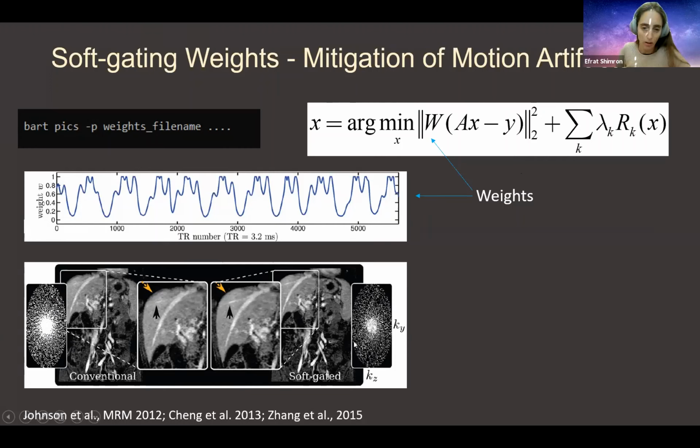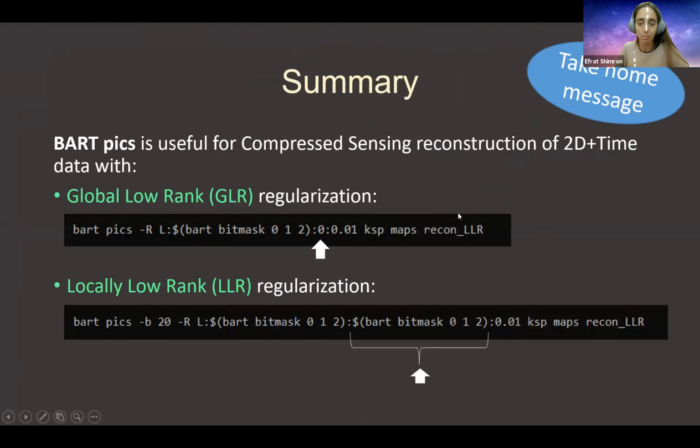And by weighing the k-space data, you see the weighing here, you see that some of the data is less strong now. And by doing that, we mitigate motion artifacts, and you see that the reconstruction becomes sharper. But as I said in the beginning, this is completely optional. If you don't have such a signal, don't worry about that. You can still run BART pics and get your dynamic MRI reconstruction.